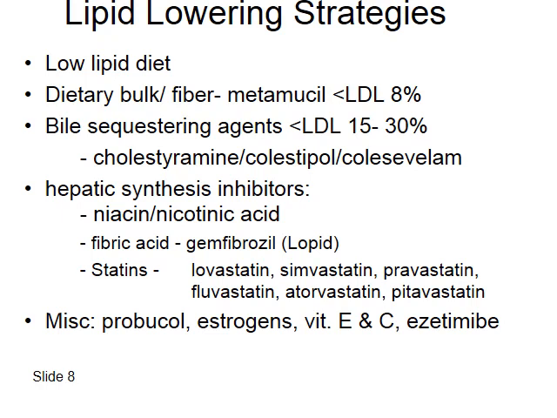We have inhibitors of hepatic synthesis of lipids, things such as niacin, the fibric acid compounds, or the statins. And then there'll be a few other compounds that we can talk about, things like probucol or estrogens, or certain vitamins, or ezetimibe that have been found to be effective at lowering lipids.